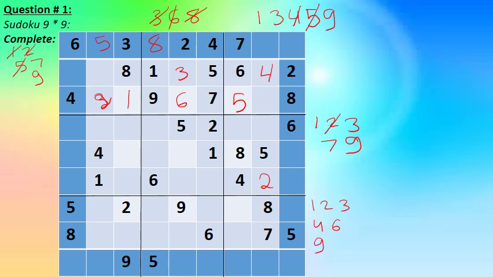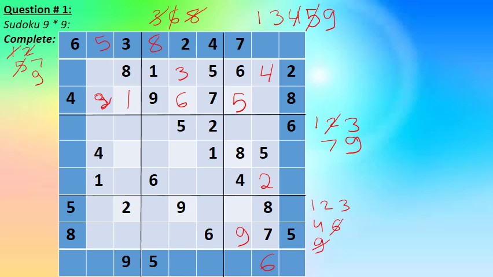And 9. 1 has many choices. 2 choices, we leave it. 3, 4, 2 choices. 6, one choice, under 7 we write 6. Now 9, it cannot be placed in the first line nor the last line, so it's between 6 and 7, we write 9. Okay, now we move to the next box.